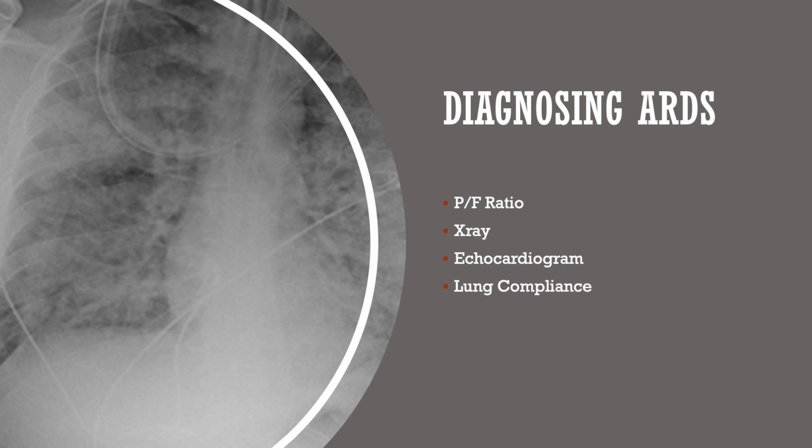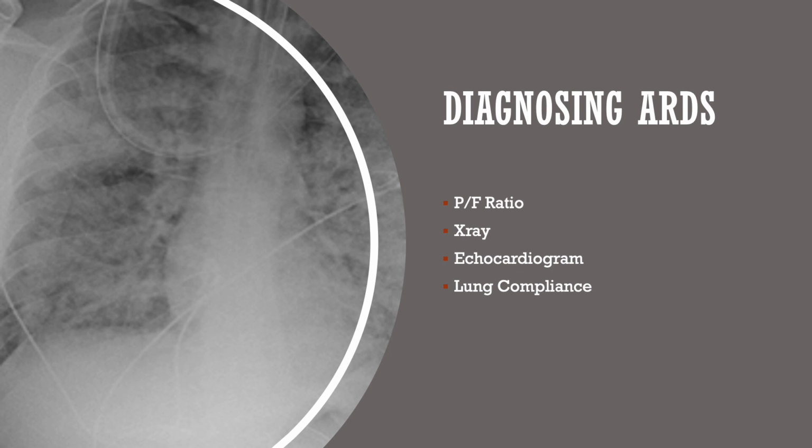So a PaO2 from an ABG divided by an FiO2 from the patient on the ventilator will give you a ratio, and based upon that ratio, it can signify if you have ARDS or not. An X-ray: if you have infiltrates in 2 or more segments of your lungs, in this X-ray I've included, it's ground glass opacities that are diffused throughout the lungs. This would be a check mark for ARDS.